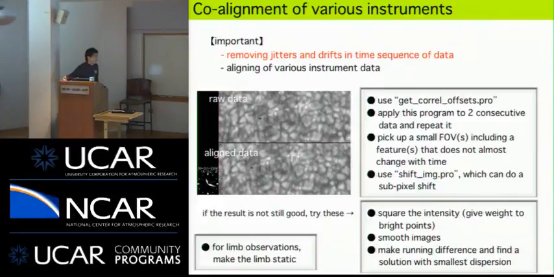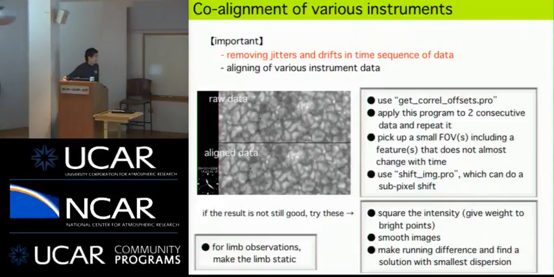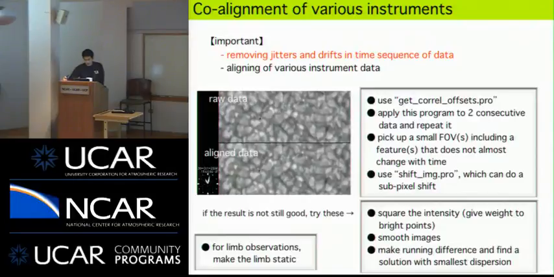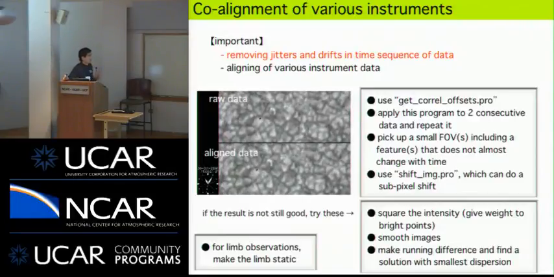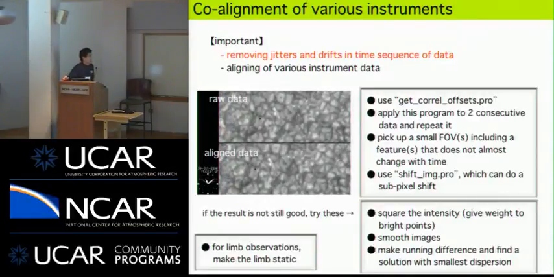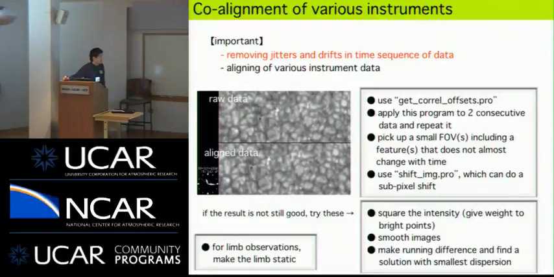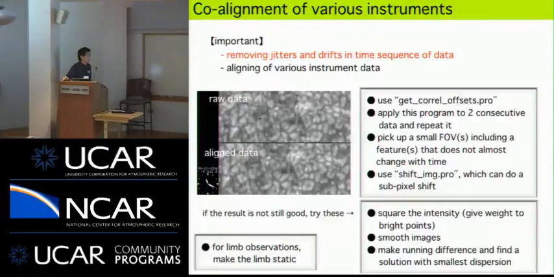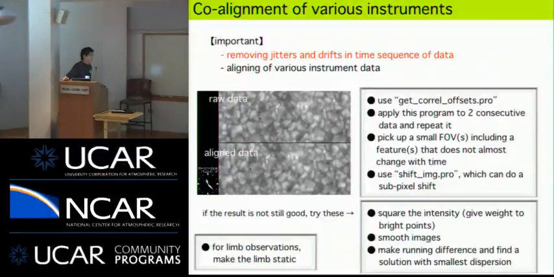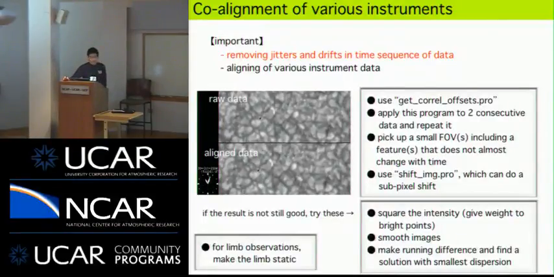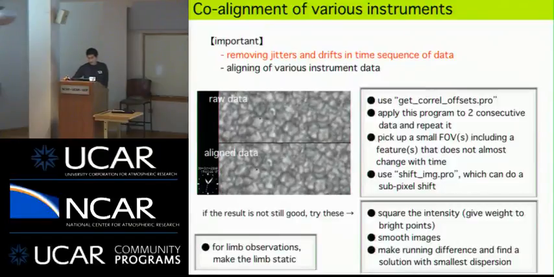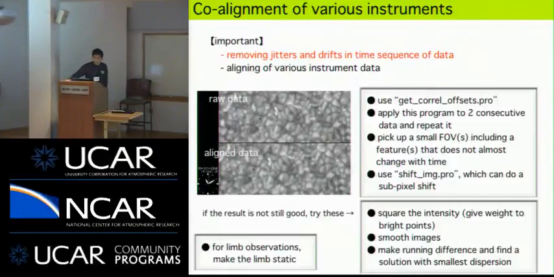If you use this program, I recommend you to apply it to 2 consecutive data and repeat it, not to all data at one time. And also, you should pick up a small field of view, not a large field of view, including a remarkable feature, such kind of bright points.